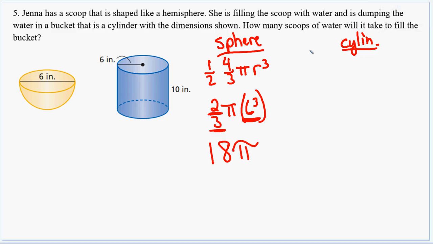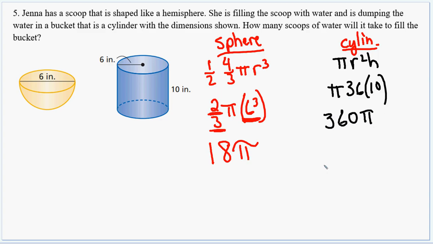Now let's look at just the cylinder by itself. The cylinder is pi r squared times h. That's pi. Our radius is 6, so we would square that and get 36. Our height is 10, so 10 times 36 is 360. So we got 360 pi. So if we look at our cylinder, it's full of 360 pi cubic inches of ice cream.